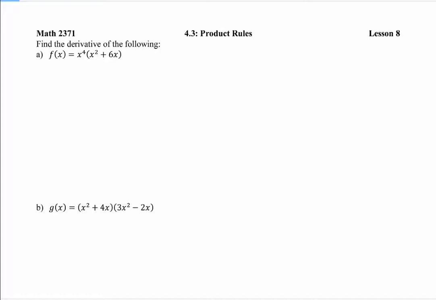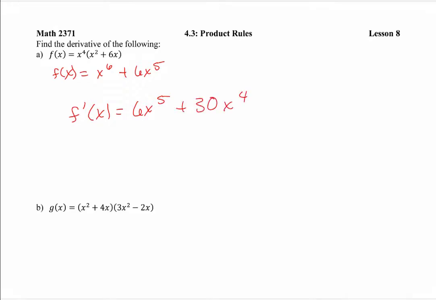So if I want to take the derivative of this f of x, then I could go in and do the algebra and say that f of x equals x to the 6th plus 6x to the 5th. And then say f prime of x equals 6x to the 5th plus 30x to the 4th. Okay, and so this is my derivative.